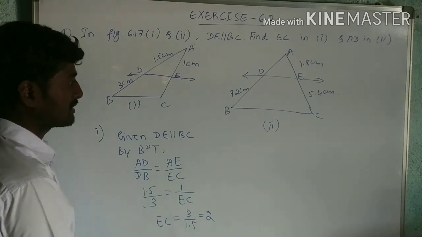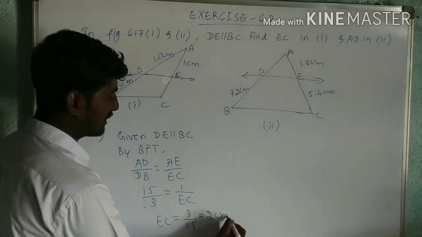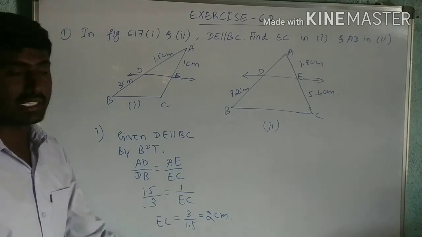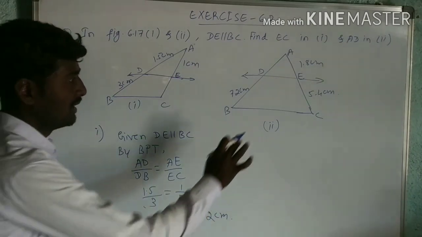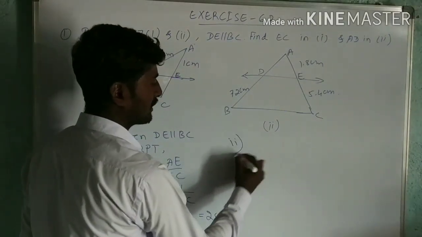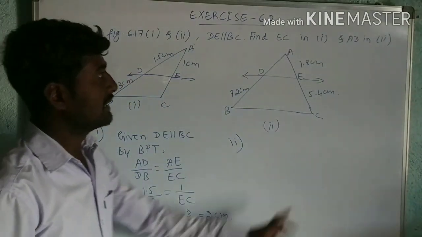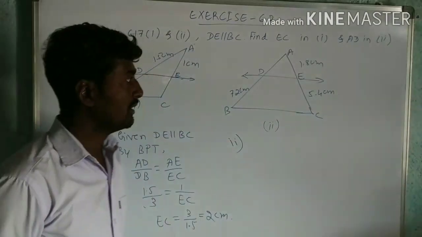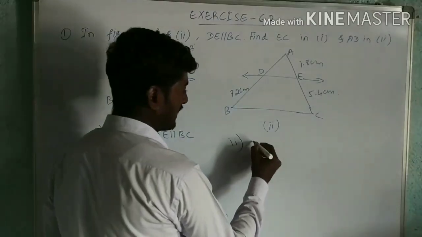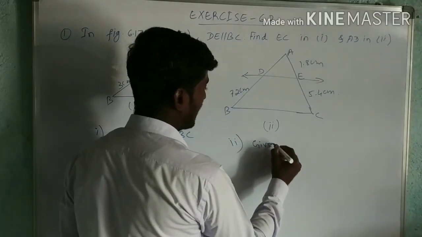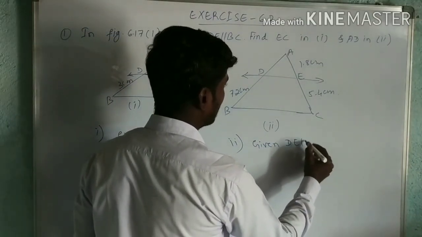So EC you are getting is 2 centimeter. Okay. So EC is 2 centimeter. This is for the first diagram. Now the solution for the second diagram. What is that? AD we have to find. So again they have given that DE is parallel to BC.